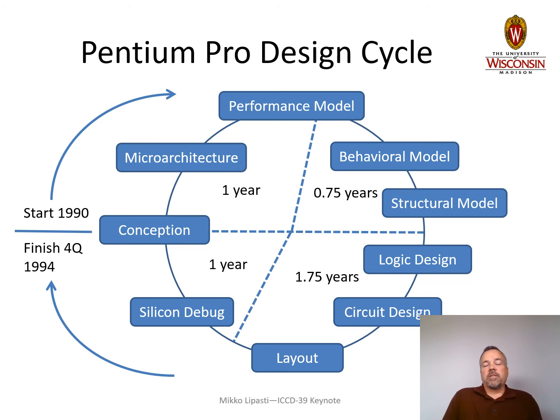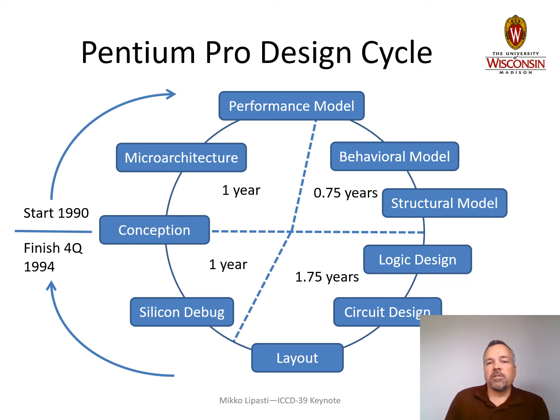All right, so designing one of these kinds of CPUs requires many years. This is a diagram that illustrates the experience of the Pentium Pro design team in the early 1990s. They started in the year 1990, and then about 3.5 years later, finished this design. If we start here from conceiving the product, defining the microarchitecture, which typically would, at least to a close approximation, determine the amount of parallelism that's being extracted, and developing the performance model, that took them about 1 year.